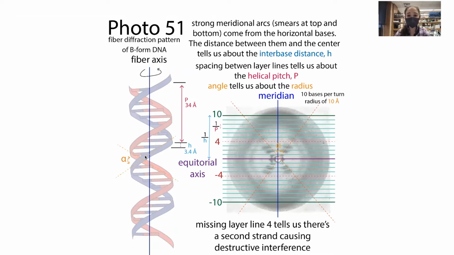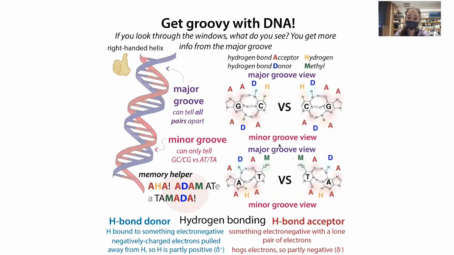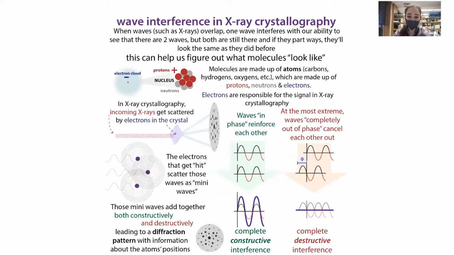This offset is making it so that this strand has the same repeat, the same pitch, so it has the same distance between its lines, but it's offset such that it continues regularly, exactly out of phase with the other set of planes, and so it's canceling it out.